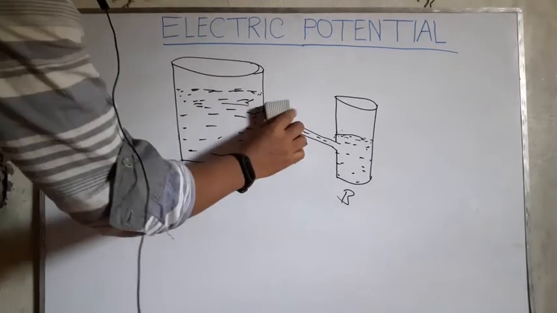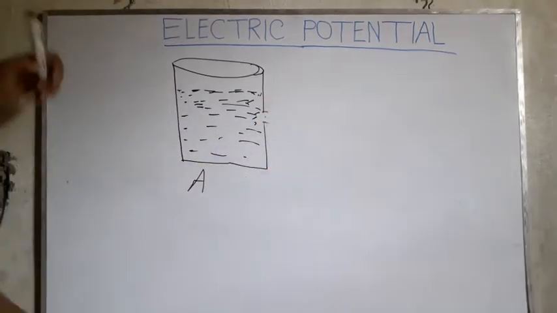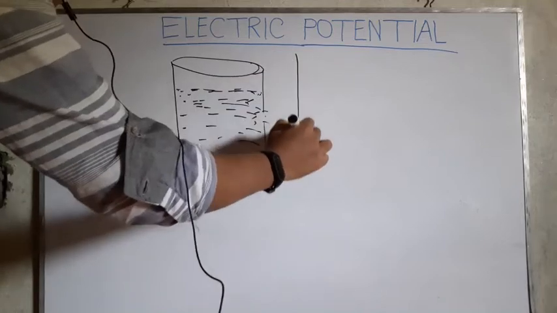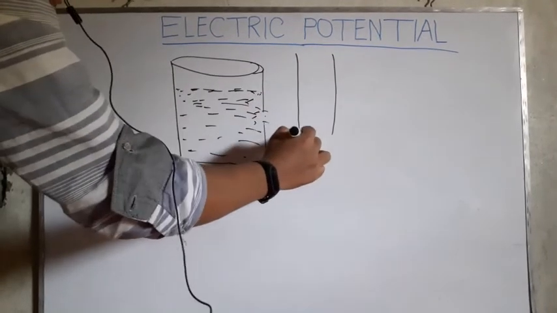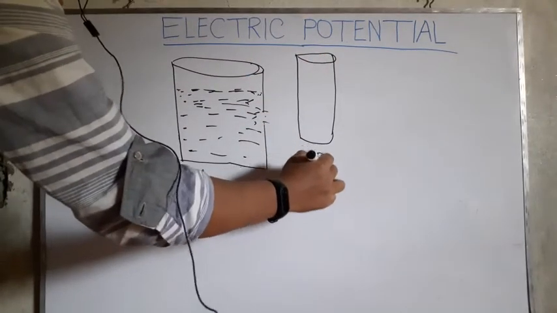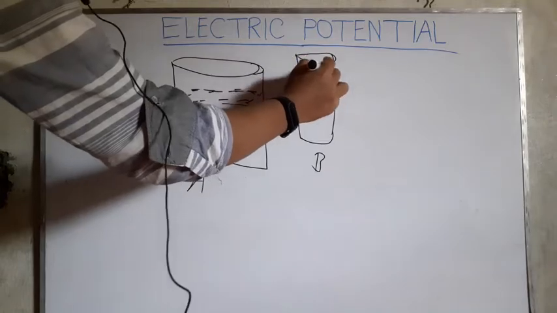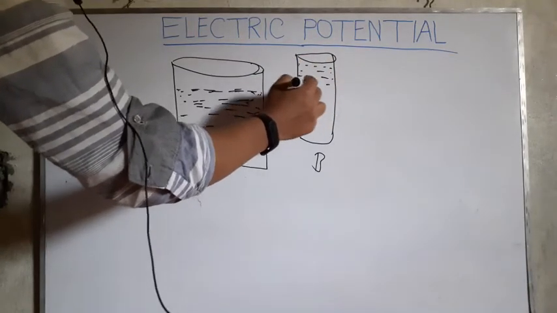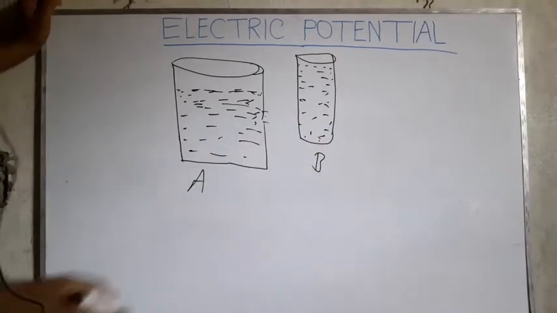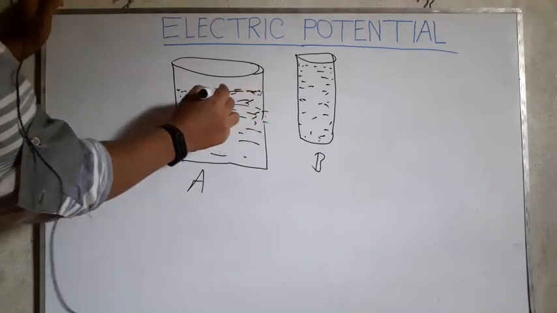Now, if we take this container, now the water level in container B is up to this and water level in container A is up to this.